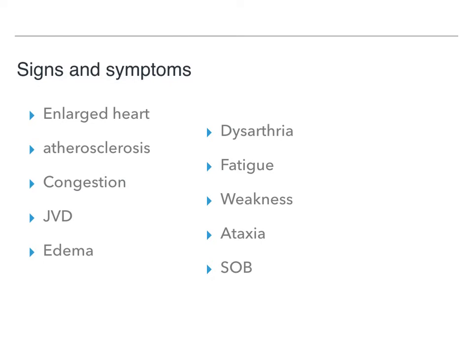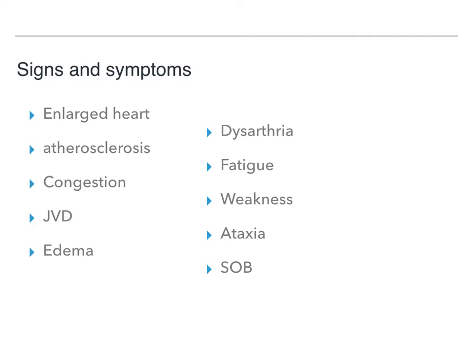I'm going ahead to signs and symptoms. The signs and symptoms are almost pretty much all the same compared to the alcoholic cardiomyopathy: large heart, and the only difference that I realized, not that there actually is that difference, is that the diabetic cardiomyopathy has atherosclerosis compared to the alcoholic one.